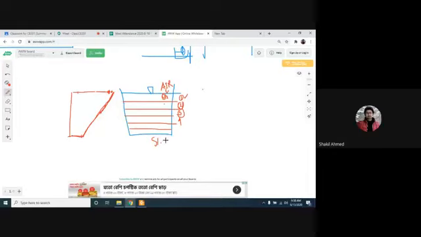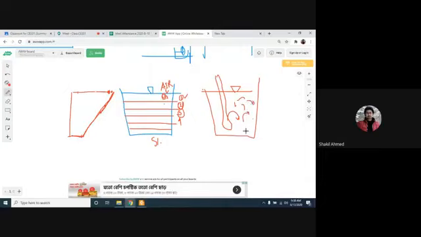Now, if you continuously use a stirrer, for example a spoon, and continuously mix this water, then what will happen? The oxygen will be mixed, right?